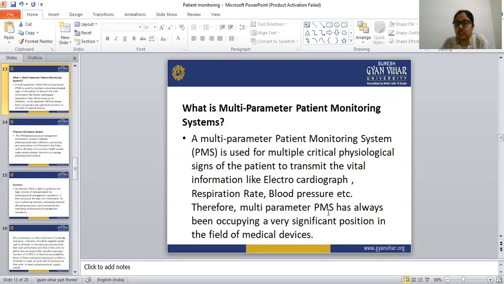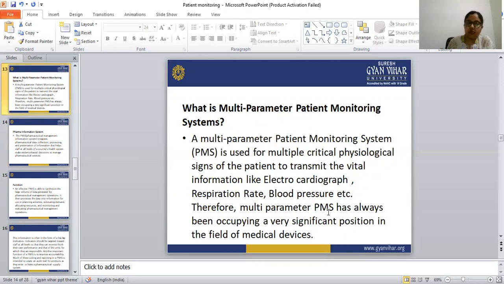If we are checking blood pressure in the BP machine, we can only check the BP of the patient. The multi-parameter patient monitoring system has always occupied a very significant position in the field of medical devices, and it is very useful in hospitals.